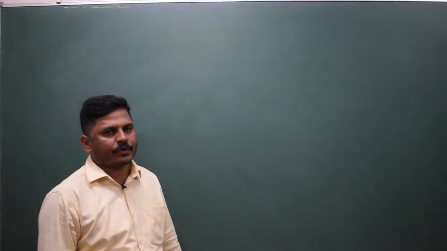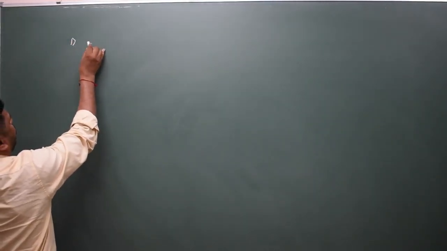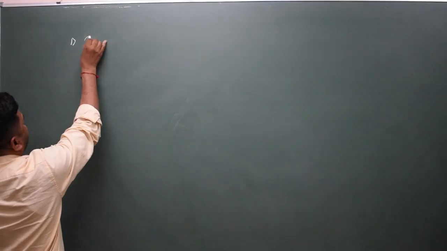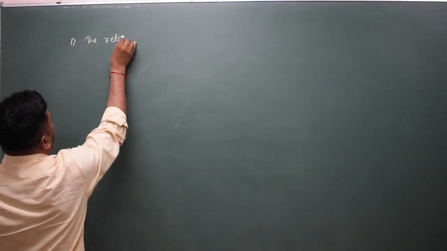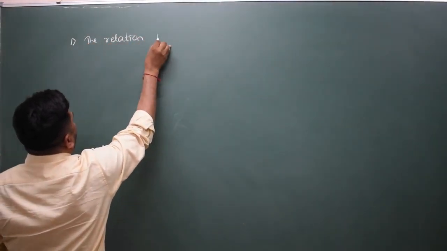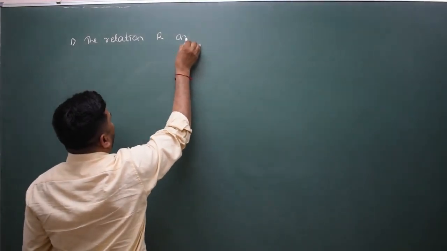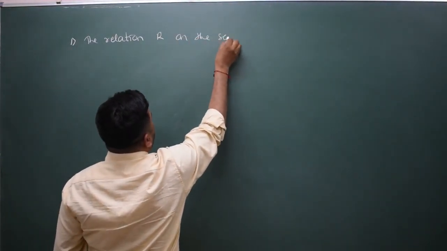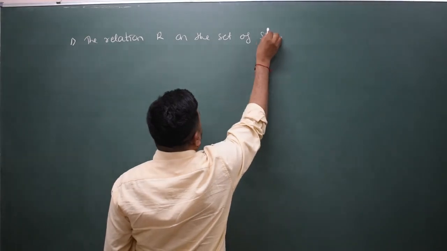So next we will discuss some general problem, then we will go for some particular problem, that is finite set and infinite set. First we will discuss infinite set. First I will take the relation R on the set of straight lines.